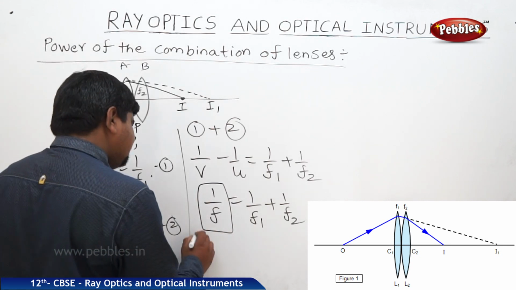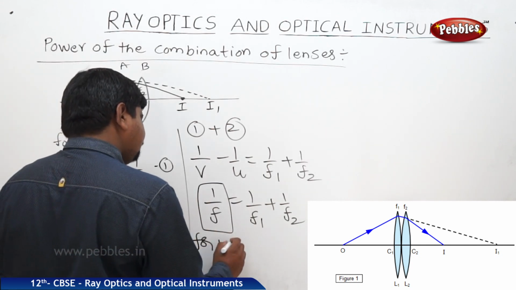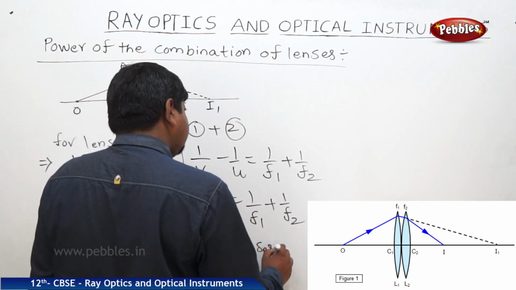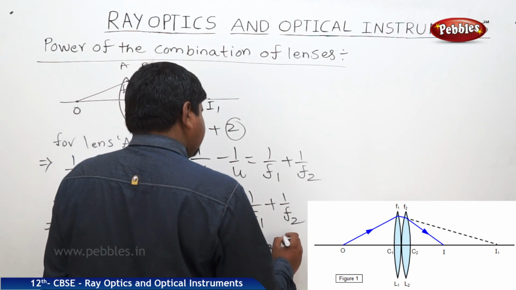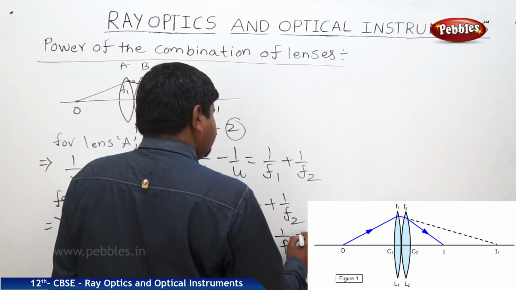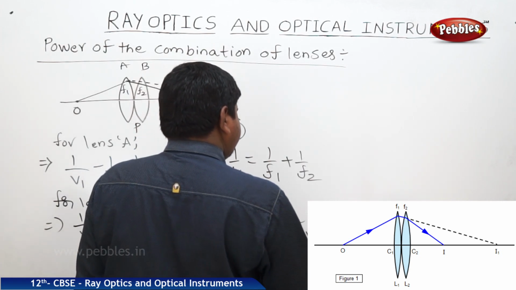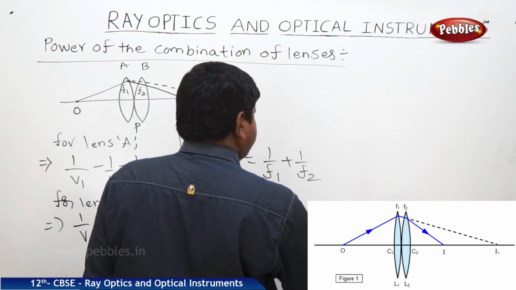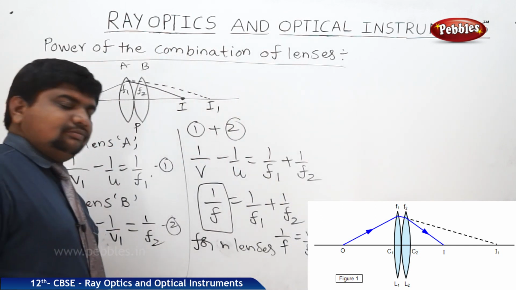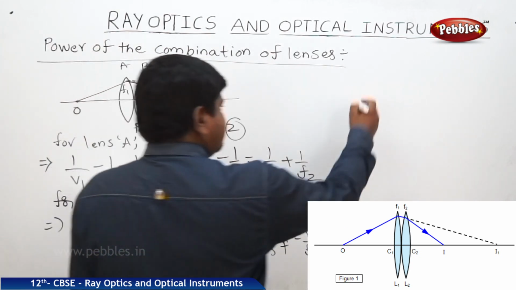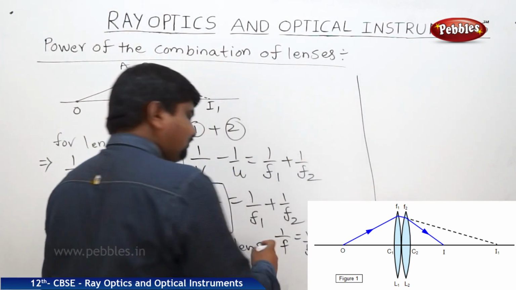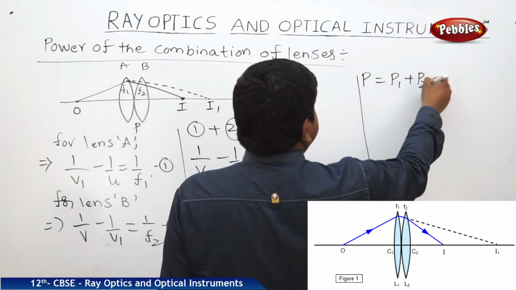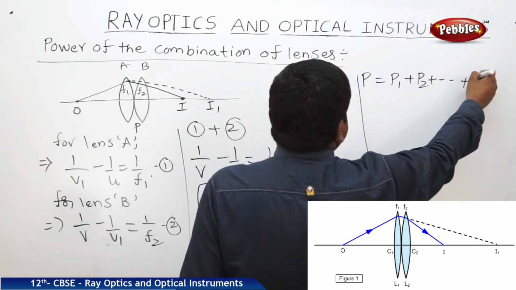For n lenses, you can write 1 by F is equal to 1 by F1 plus 1 by F2 and so on up to 1 by Fn. In this case, 1 by F is power, therefore power is equal to P1 plus P2 and so on up to Pn.